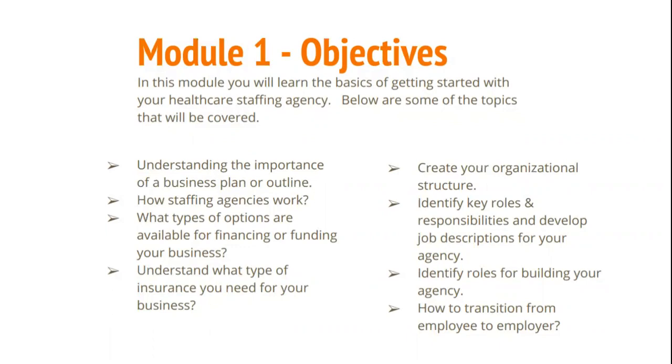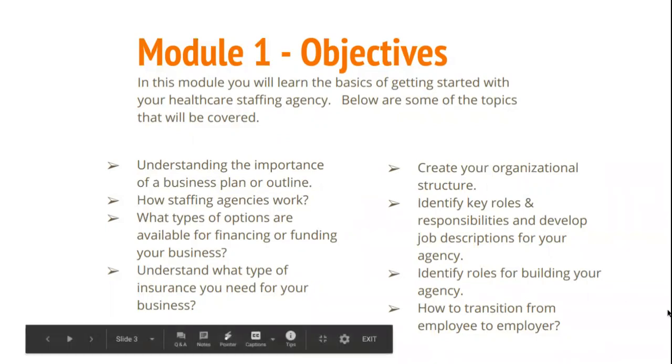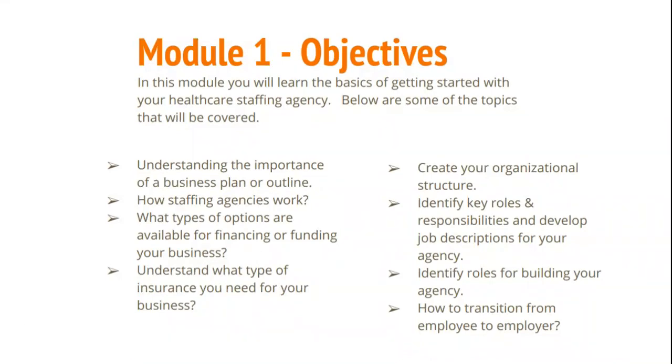We'll talk about creating your organizational structure, as well as identifying roles and responsibilities, and touch a little bit on putting together some job descriptions. And then finally, we'll talk about identifying roles for building your agency, as well as how to make the transition from employee to employer.